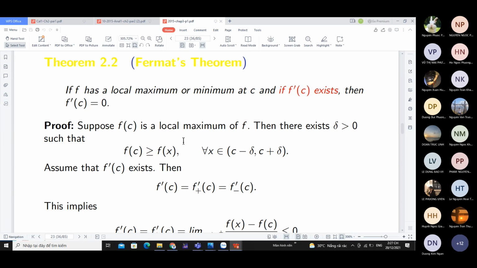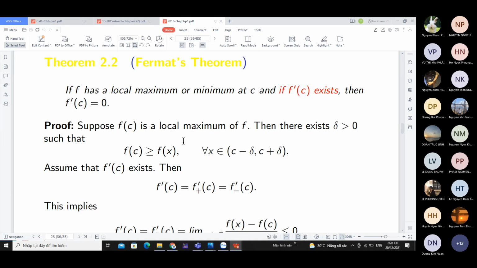It means that there is a positive number delta, and f of c is the maximum value of the function f on the interval c minus delta, c plus delta. Here c belongs to the open interval c minus delta, c plus delta. It's very important.